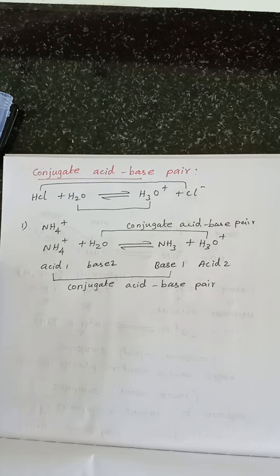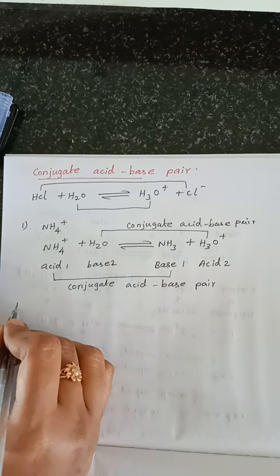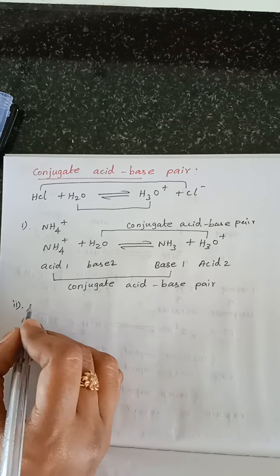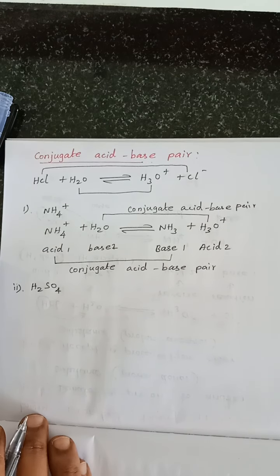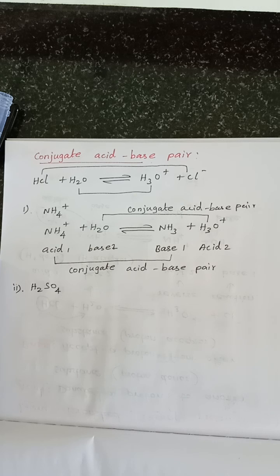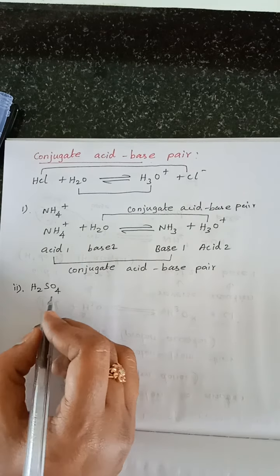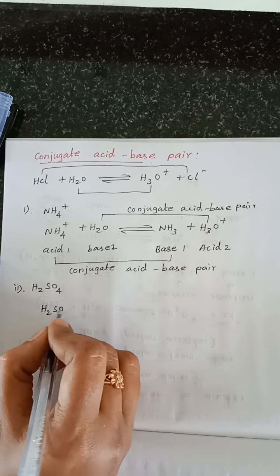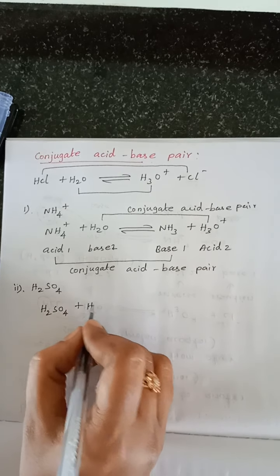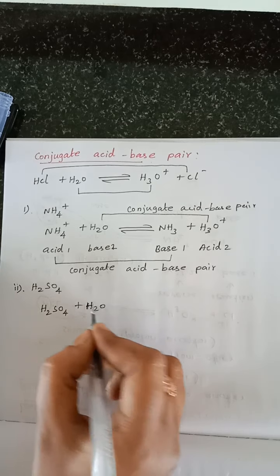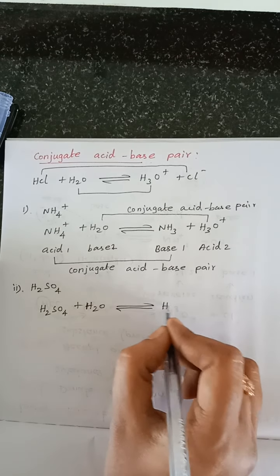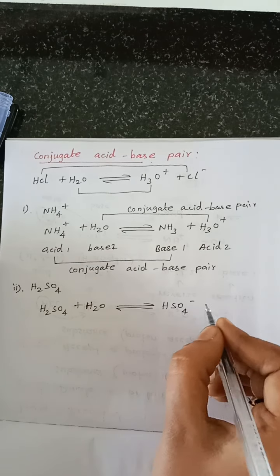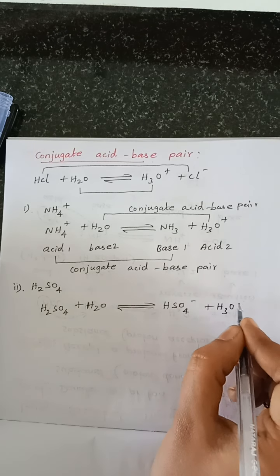The next is sulfuric acid. In the sulfuric acid, you write the formula H2SO4. All the reactions are present in aqueous medium, in water. So H2SO4 plus water, in the presence of aqueous medium, forms HSO4- plus H3O+.